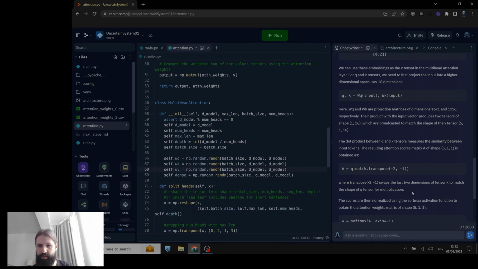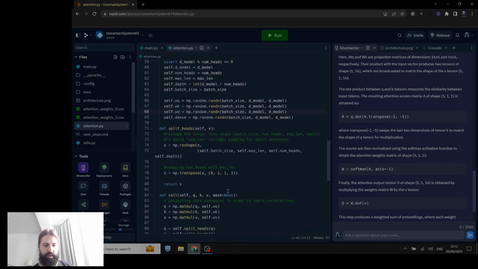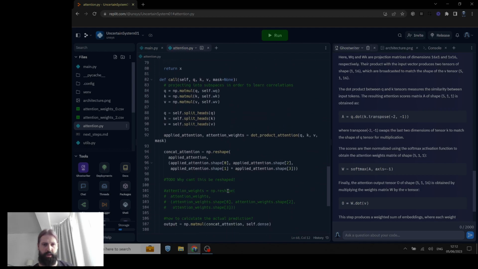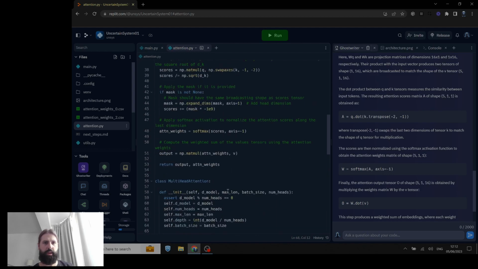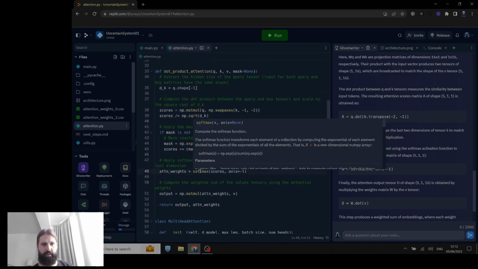The resulting attention scores matrix A is obtained by multiplying the K tensor by the Q tensor. The scores are then normalized with a softmax activation function. We do this already, somewhere in dot product attention here, the softmax.